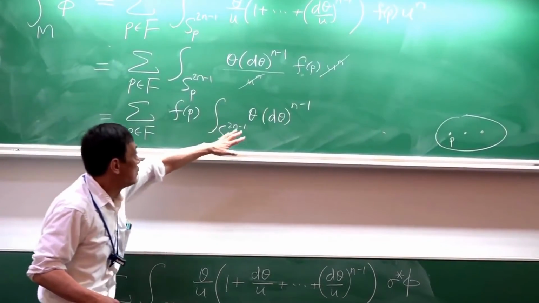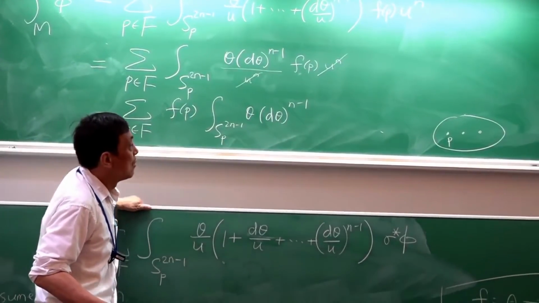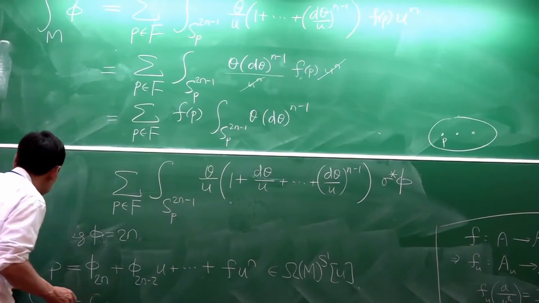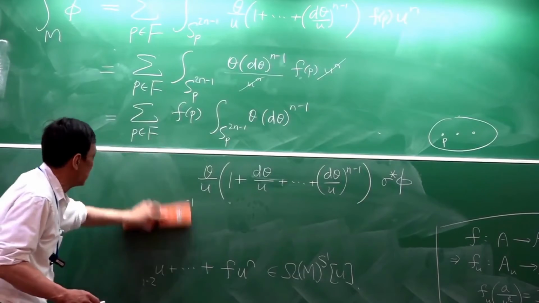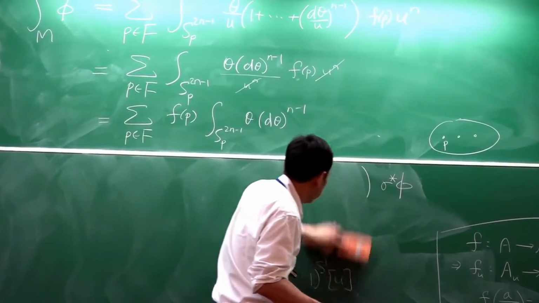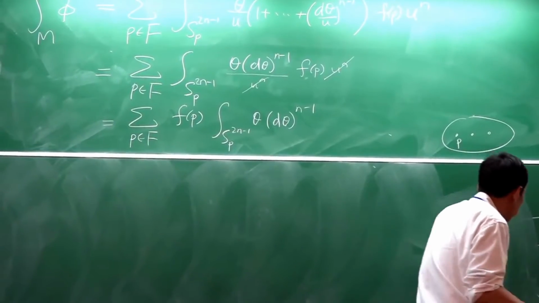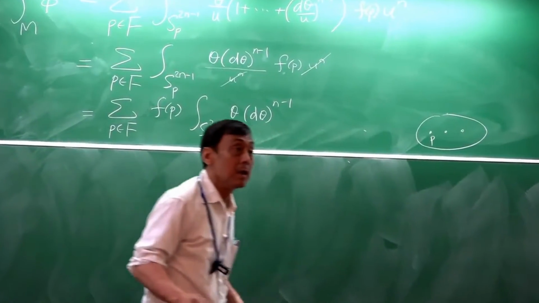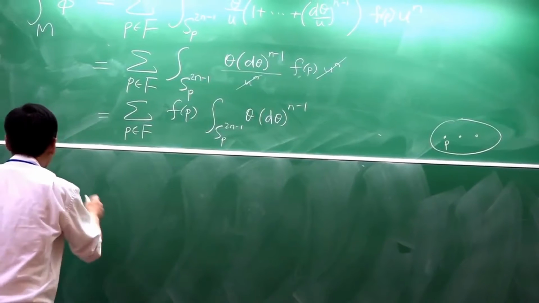Yeah, so we need to calculate that integral over the sphere. Now, we have an explicit formula for theta. That sphere is the unit sphere in the tangent space at p.